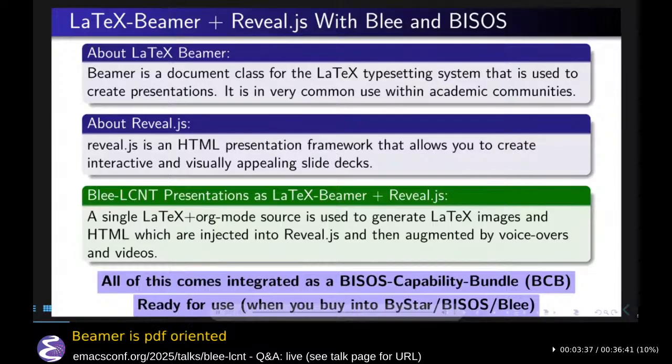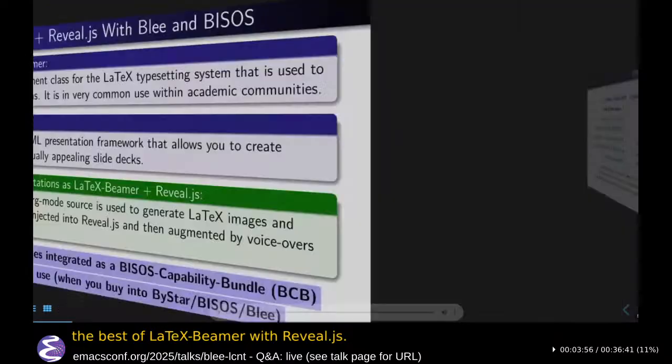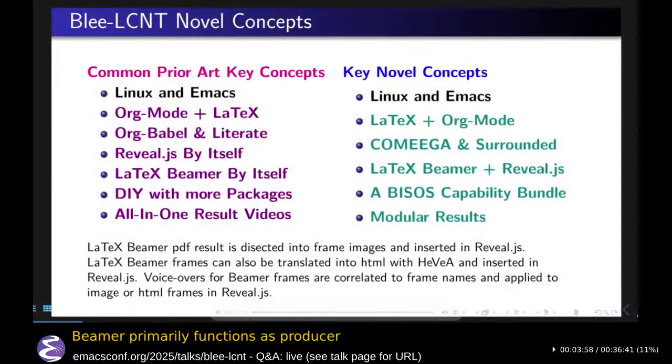Beamer is PDF-oriented and Reveal is HTML-oriented. Combining two powerful tools makes for an even more powerful tool. This BLCNT presentation combines the best of LaTeX Beamer with Reveal.js. Beamer primarily functions as producer, and Reveal functions as dispenser and multimedia enhancer.